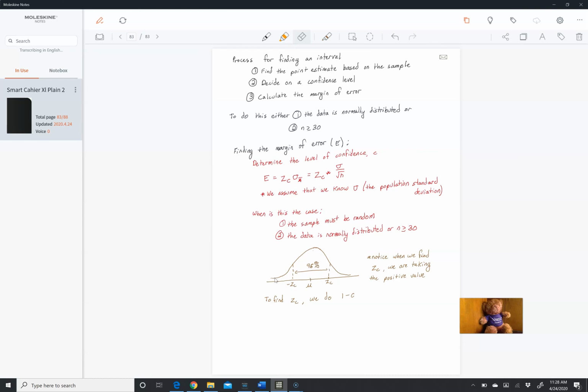C is our decimal, so if we have a 95% level of confidence, C is equal to 0.95.